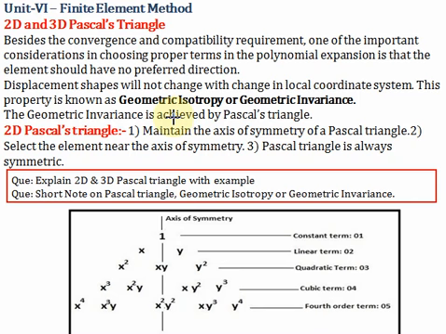If we see the figure, this is a Pascal triangle. This is the axis of the Pascal triangle. For the first term it is 1. For linear terms it is x and y. Then for the quadratic terms it is x square, xy, y square.